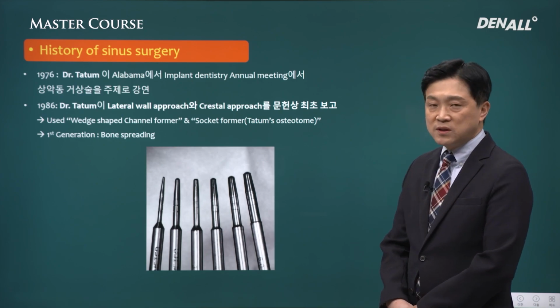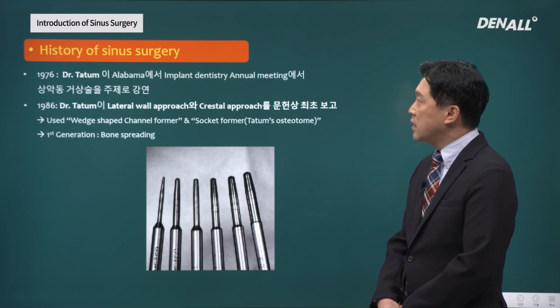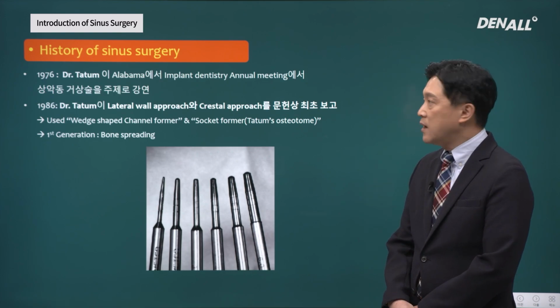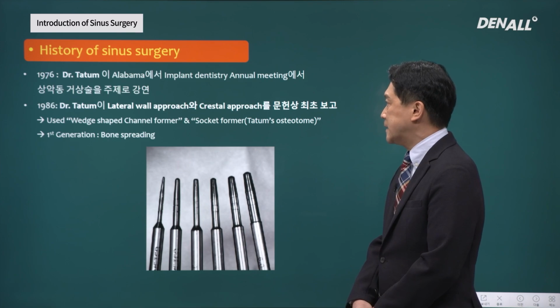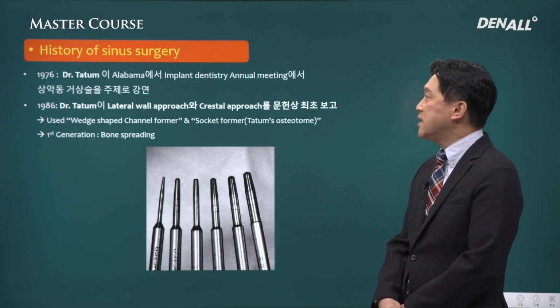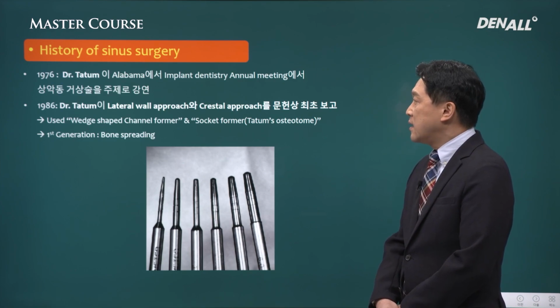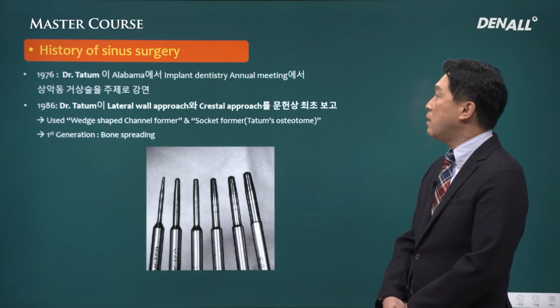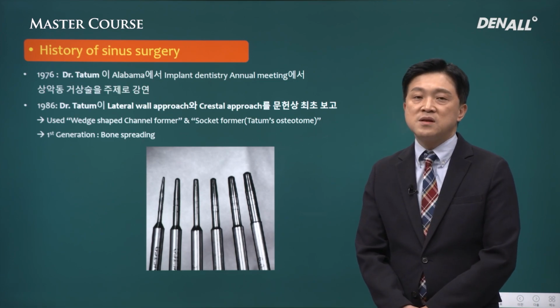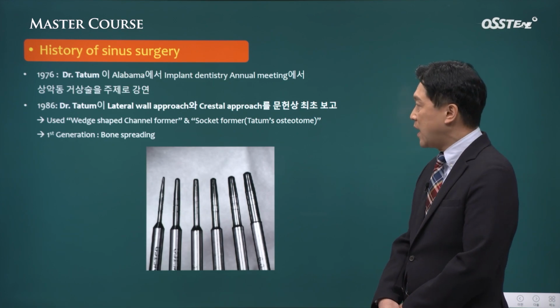In the early days, osteotome was used for sinus floor elevation. In 1976, Dr. Tatum talked about the sinus lift in Alabama. In 1987, Dr. Tatum reported the lateral wall approach and crestal approach for the first time, and it has continued since.